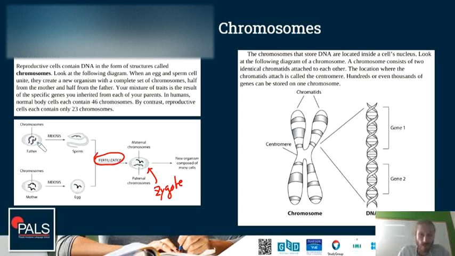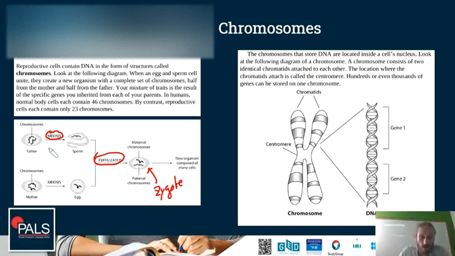We can see here that before sperm cells are made, specific cells have to go through a process called meiosis, a certain type of cell division. Again, more detailed description in another screencast.